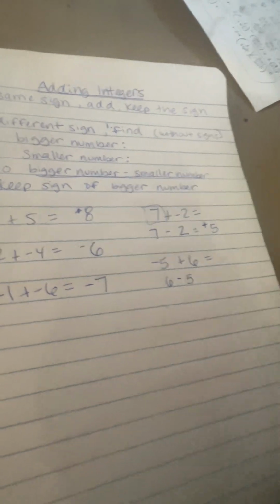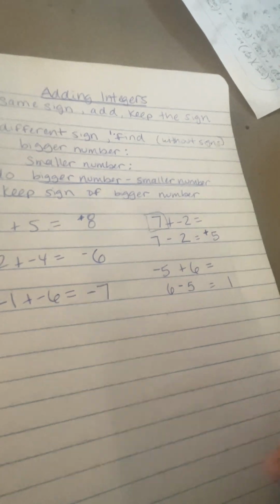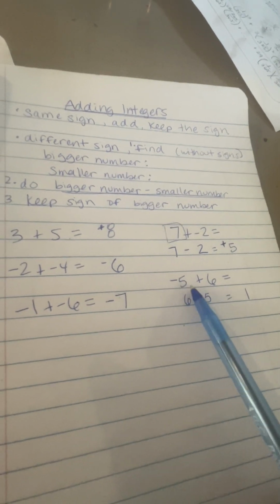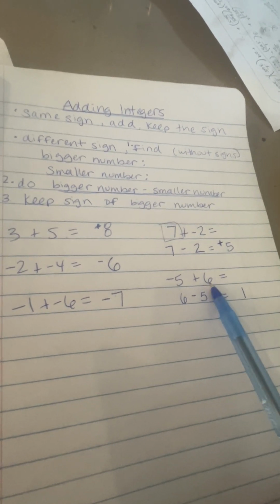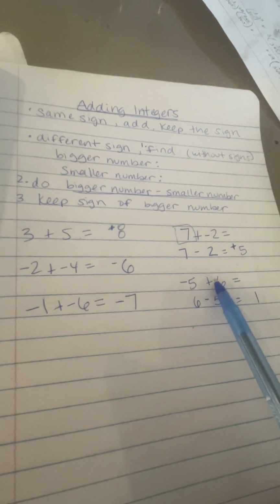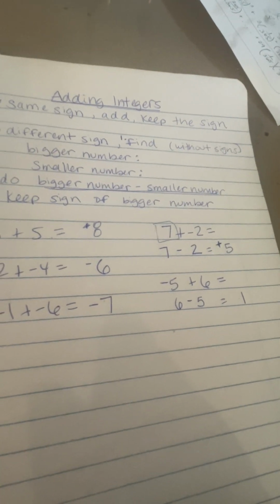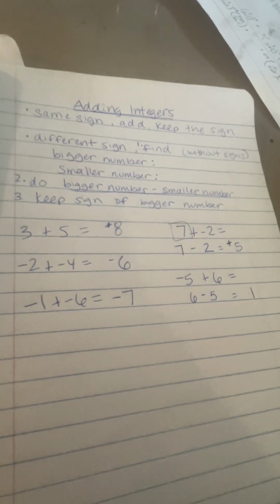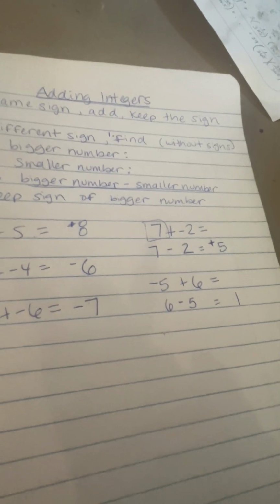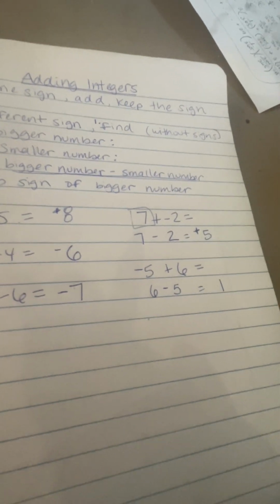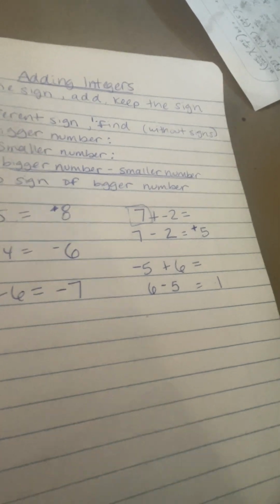So 6 minus 5 is 1. And then I'm going to take the sign of the bigger one. Well, we just said 6 is bigger, and 6 happens to be positive. So that means that my answer is also going to be positive. Again, I can put the positive symbol in the front or I can just leave it. It's assumed to be positive if I don't put the positive symbol there.